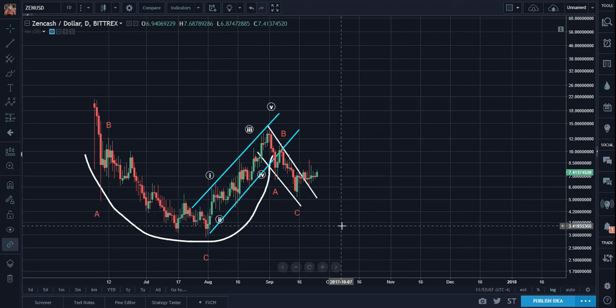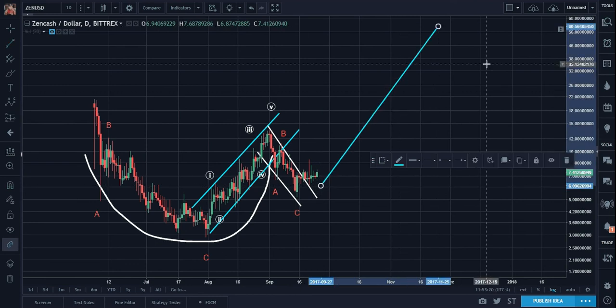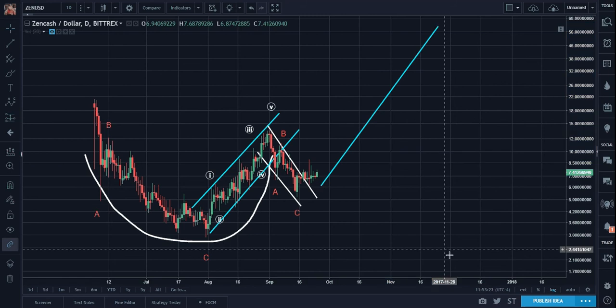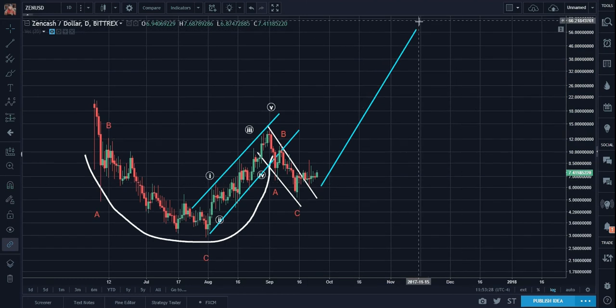That means this could come down once more, touch it possibly here. This is what I see. I'm making it steeper because I'm trying to coincide this with the projected wave 5 coming up for Bitcoin.